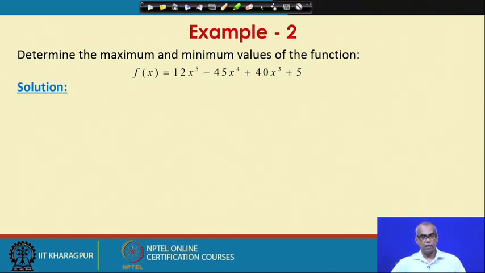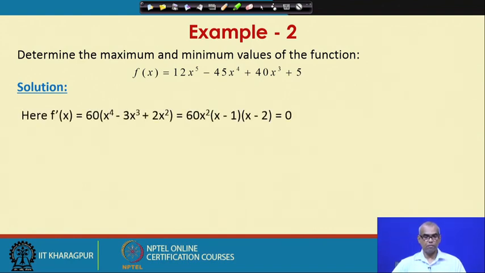Let us take another example. F x equal to 12 x to the power 5 minus 45 x to the power 4 plus 40 x cube plus 5. We have to find out the maximum and minimum values of the function. We will proceed as usual, apply the first order necessary conditions and find out the stationary points.